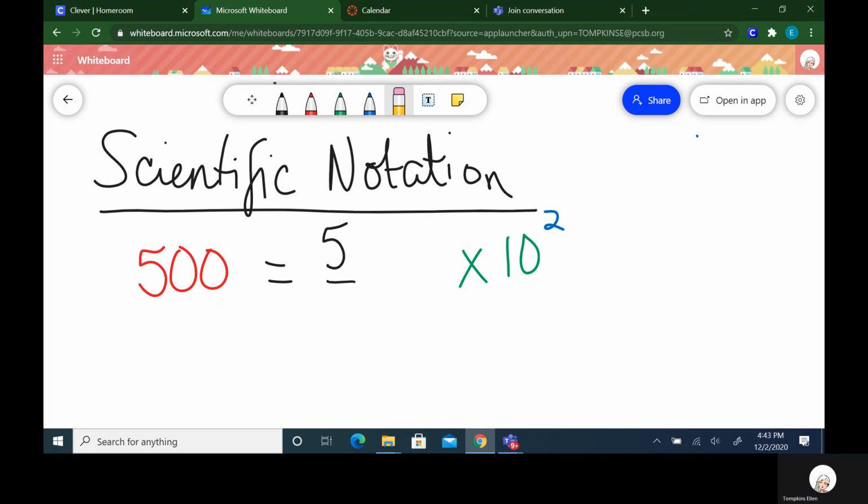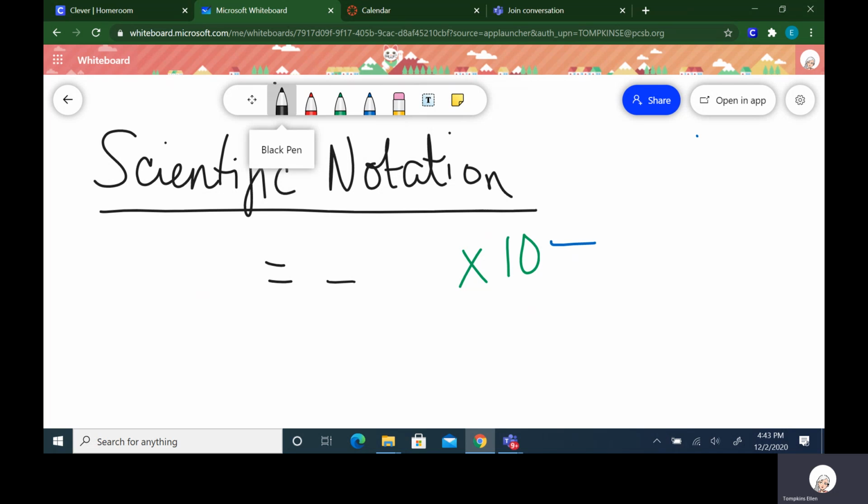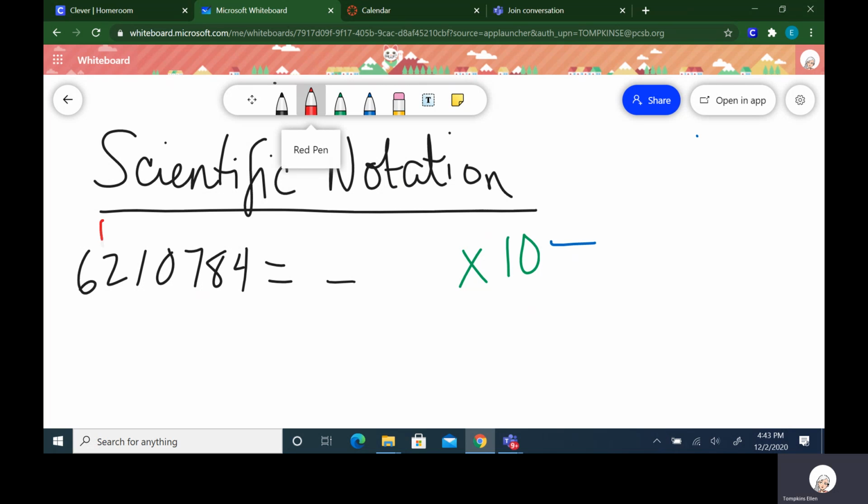All right. And I'll put that as a little blank spot. So this time, instead of 5, I'm going to have 6210784. All right. I'm still going to chop it right there. So the 6 will go there. And then I need a decimal.